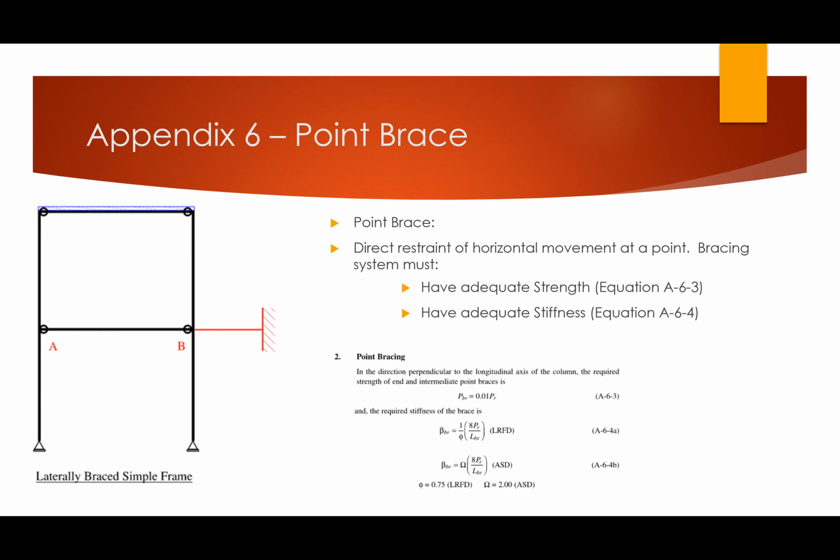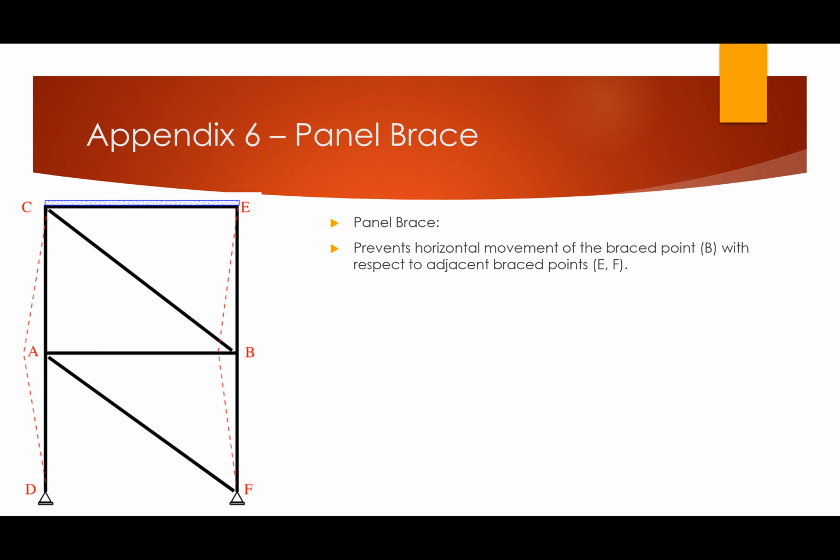So point brace. Let's look really quickly at what the code means by a panel brace. So the panel brace is a little harder to state, but still not too unclear. It prevents the horizontal movement of the braced point, in this case, point B, also point A, with respect to the adjacent brace points. Also along the same member at points E and F, those are braced, right? Those are pinned supports where it's not able to translate.